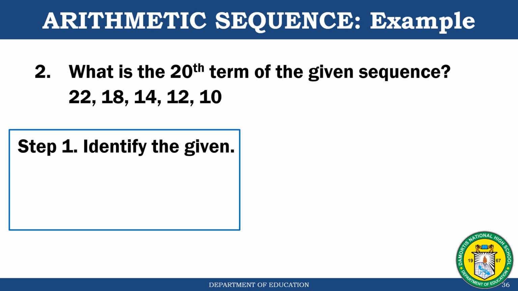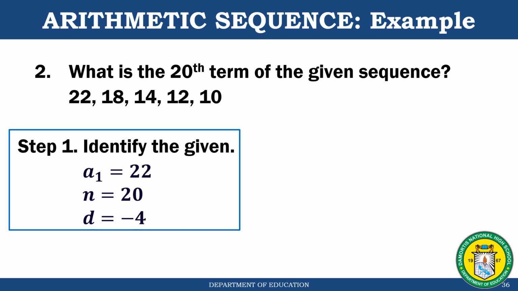Okay, the answer is 22. Then, what's next? The n. The n is 20 by the word 20th term. So we are looking for the 20th term. It means to say there are 20 terms given. And for the common difference, what's the common difference? Okay, the answer is negative 4.